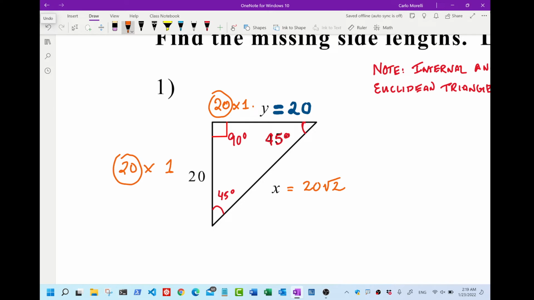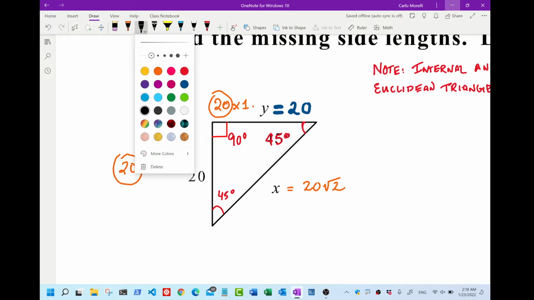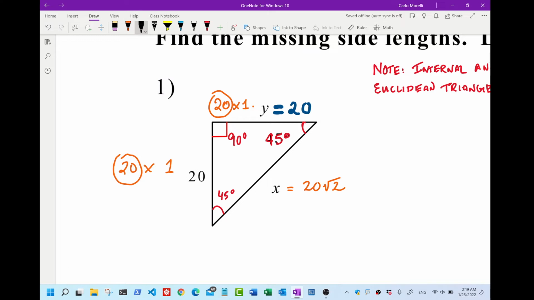Now, you're supposed to be showing your work on this. So the way that I would show my work on this is I would assume that I didn't know that. Assume I didn't know this little trick, right? You think of this as like the scale trick. Okay.